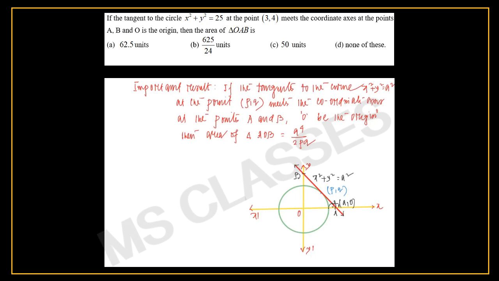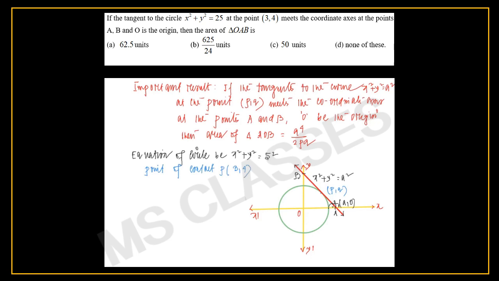And we take one example also. The equation of circle is x square plus y square equal to 5 square. The tangent is drawn, and the point of contact P is (3, 4).